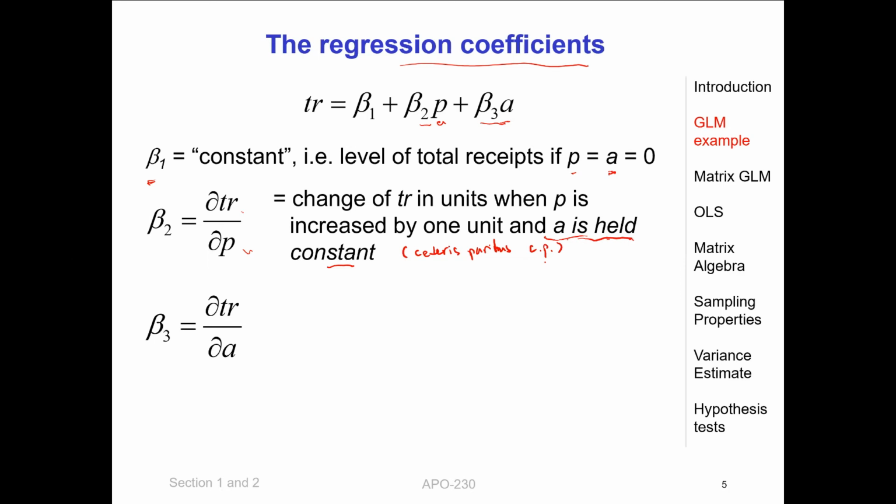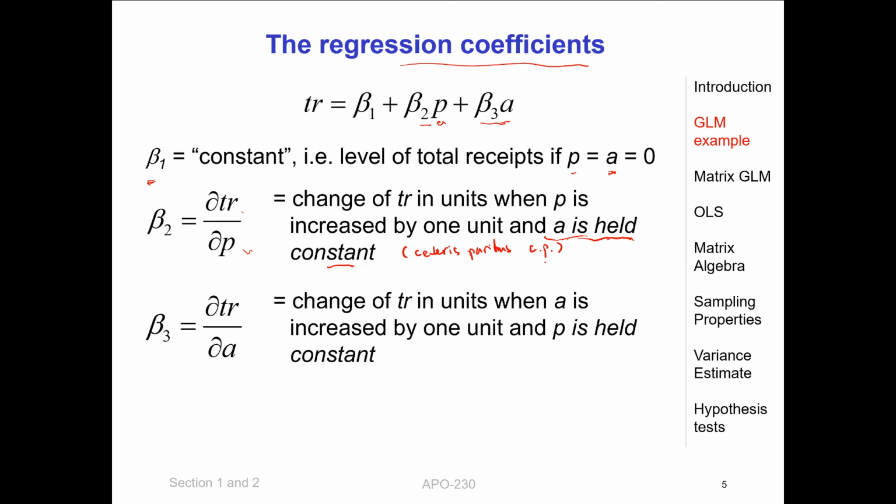And then similarly, you also have beta 3, which is the slope of the equation with respect to A. It tells you how many units the total receipts will increase or decrease when the advertisement expense increases by 1 unit. And now we hold P, the price, constant, okay?